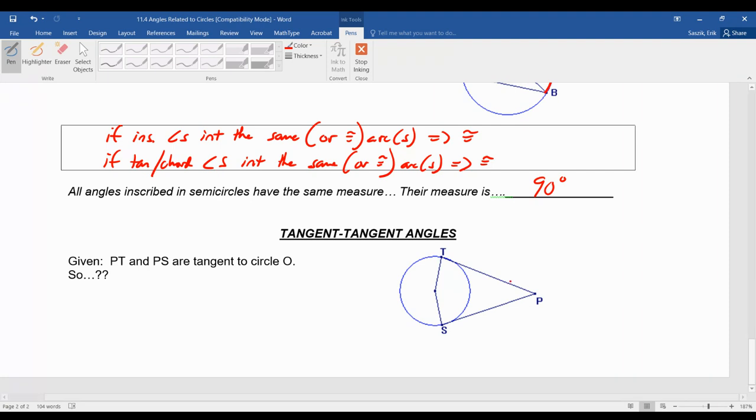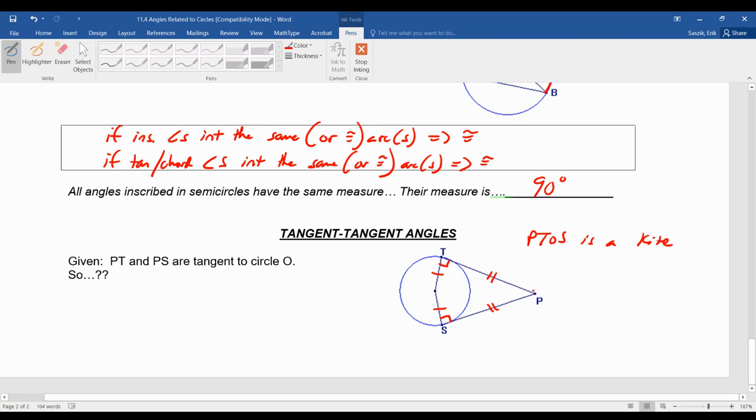So we're given that PT and PS are tangent to circle O. Now remember, back in section 11.1, I think we talked about these tangent segments would have to be congruent then. And these, of course, are radii, so those are congruent. And then remember, any radius to a point of tangency is a right angle. So we have a kite here, right? We have a kite. Now check this out. That's 90 and that's 90, so 180 degrees of the kite is already accounted for.